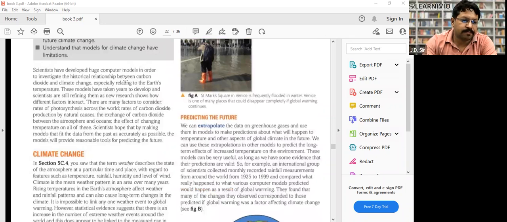Scientists have developed huge computer models to investigate the historical relationship between carbon dioxide and climate change, especially relating to the Earth's temperature. These models have taken years to develop, and scientists are still refining them as new research shows how the different factors interact.